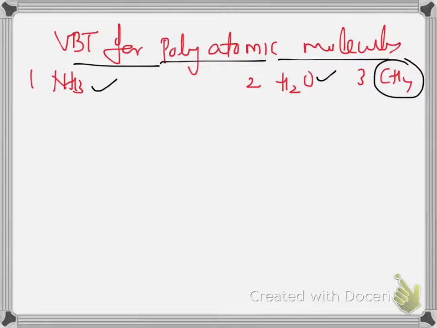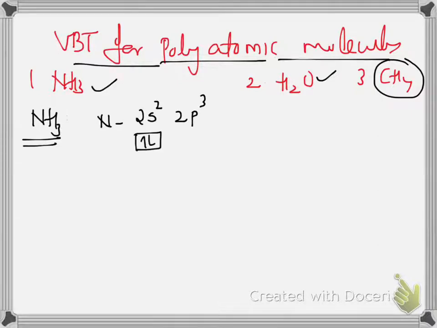At first, you have to consider ammonia. In ammonia, the central atom is nitrogen with valence configuration 2s2, 2p3. Here you can see 3 half-filled orbitals, so they can form 3 covalent bonds.